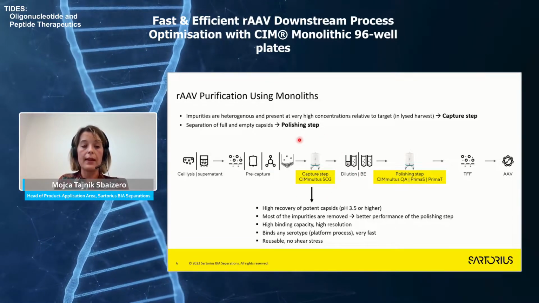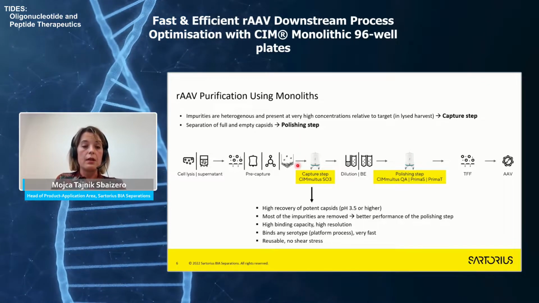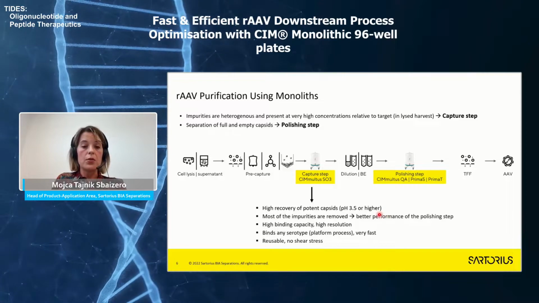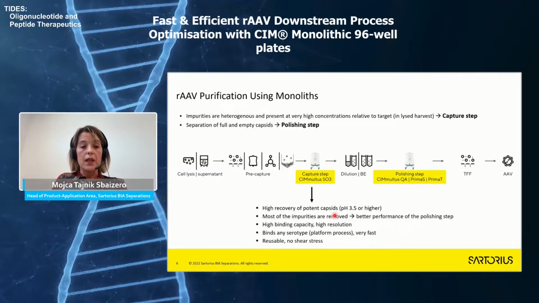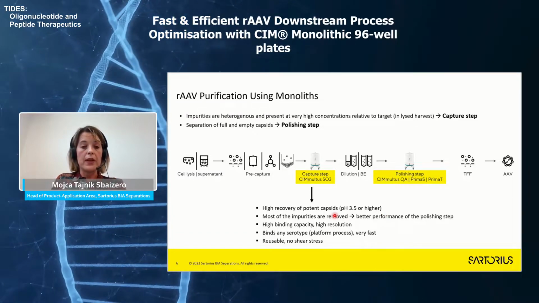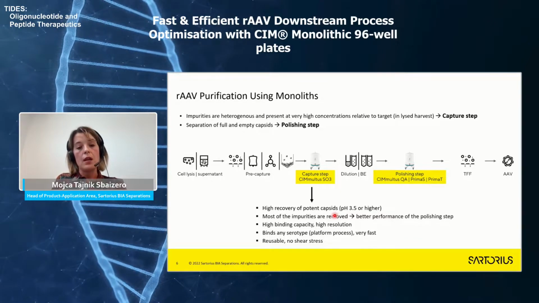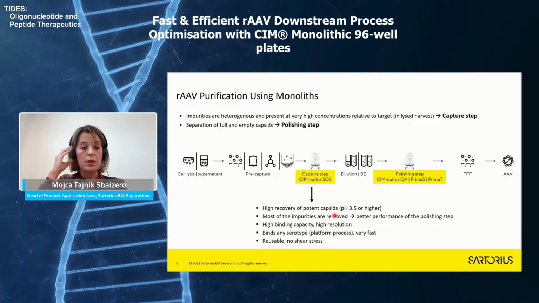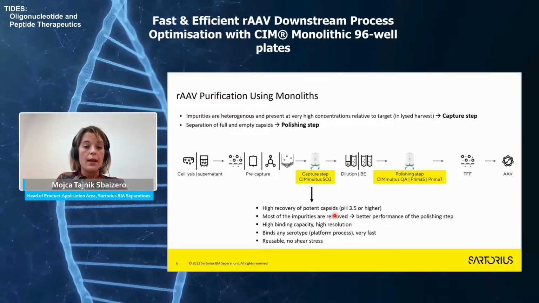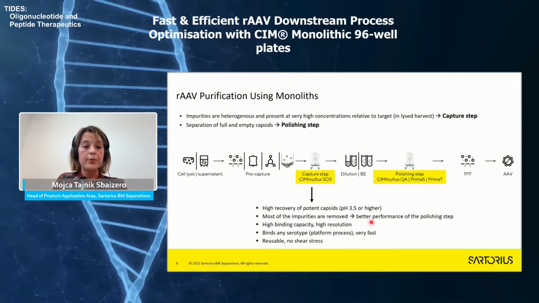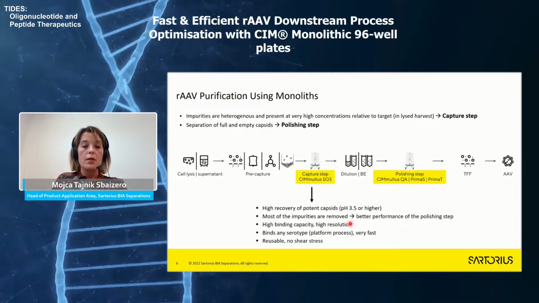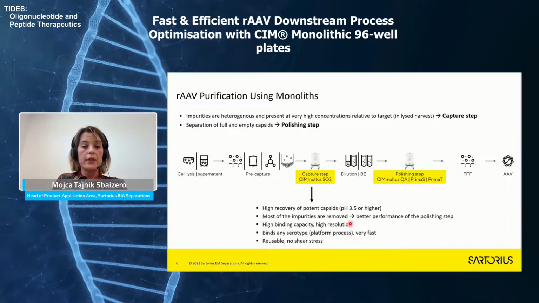This capture step is done at pH 3.5 or higher. Usually we work in acidic pH, so the AAV is positively charged at that pH and binds to the cation exchange column. In this capture step, the majority of impurities are removed. Why do we need to remove impurities?